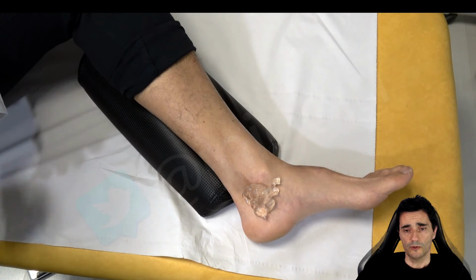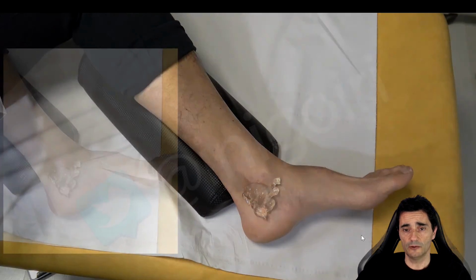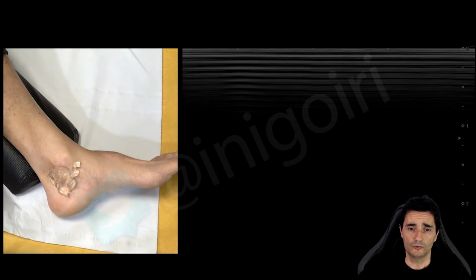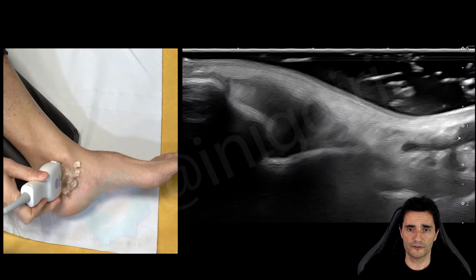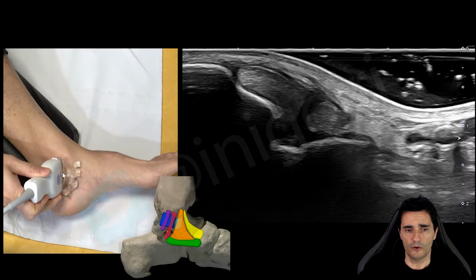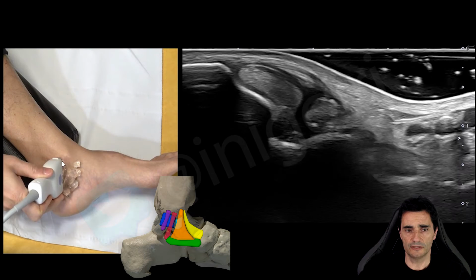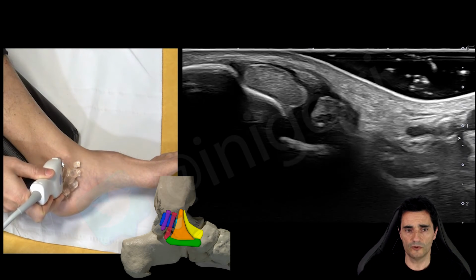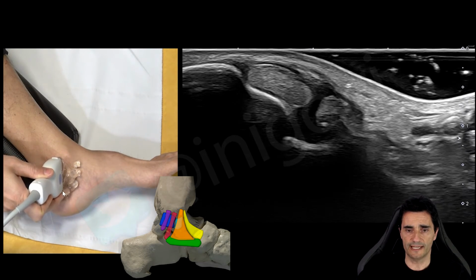First of all, we will locate the medial malleolus and the tarsal tunnel. This is the first scan we need to obtain. We locate the medial malleolus, and we orientate the probe towards the calcaneus.